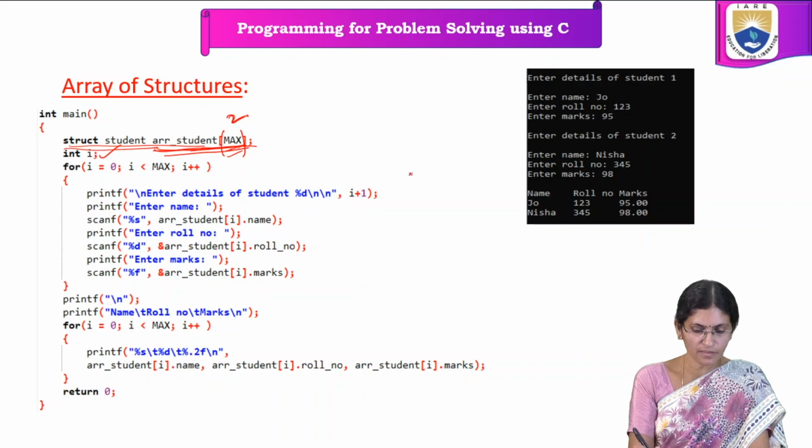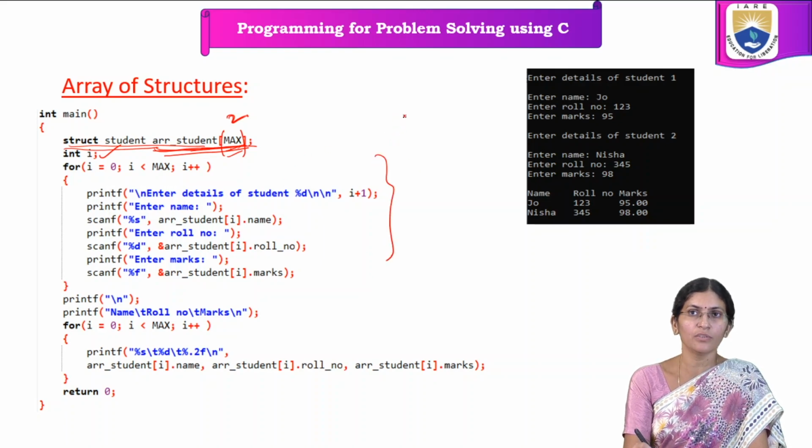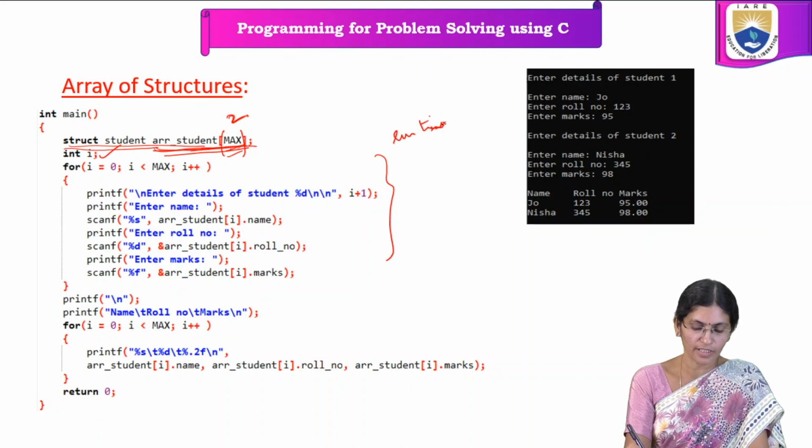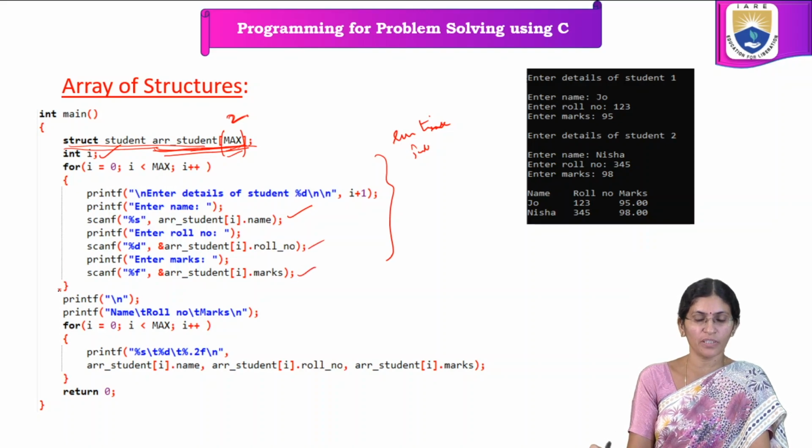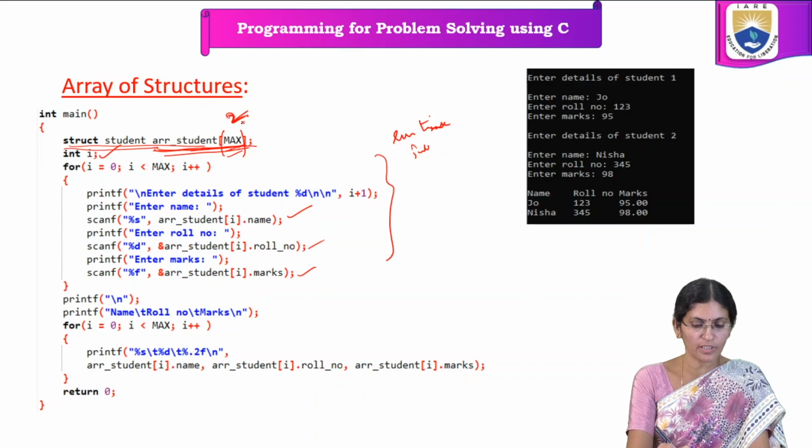This for loop is used for runtime initialization. In order to assign the values at runtime, we are using the scanf function. These statements are to be repeated corresponding to the number of elements.